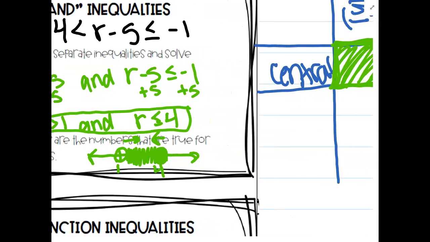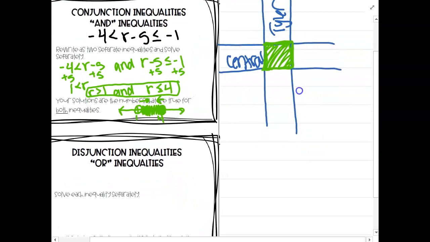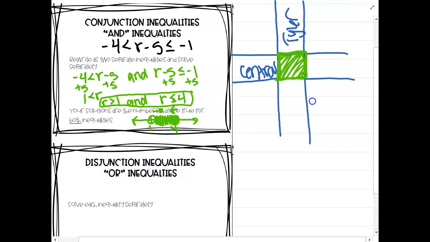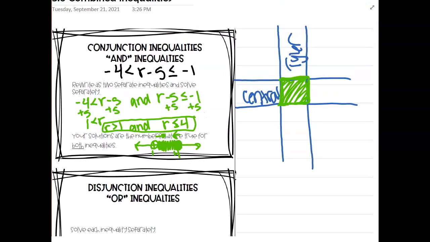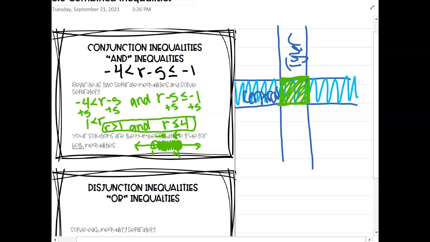Now, the easier way, I think, is if you have a disjunction, which is an or inequality. So if you throw the word or in between them. This would be like saying, I'm on Central or I'm on Tyler. Now here's the thing. If you're on Central or you're on Tyler, there's a lot of options there, right?